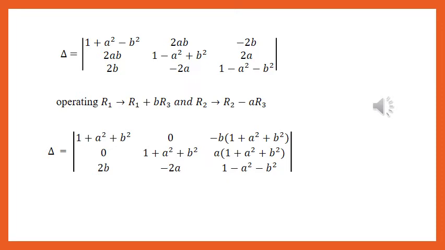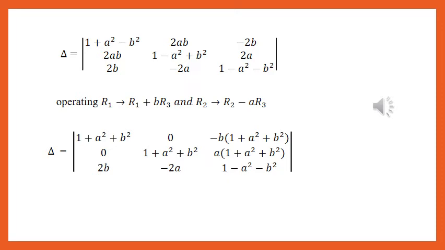Simplifying, you will be getting minus b a square minus b cube. From that, you take minus b out. Then minus b multiplied by 1 plus a square plus b square. So, from the first row, now we are getting 1 plus a square plus b square as the factor.